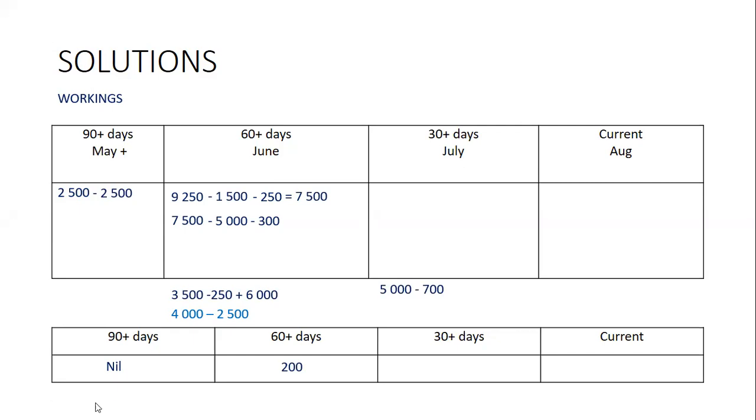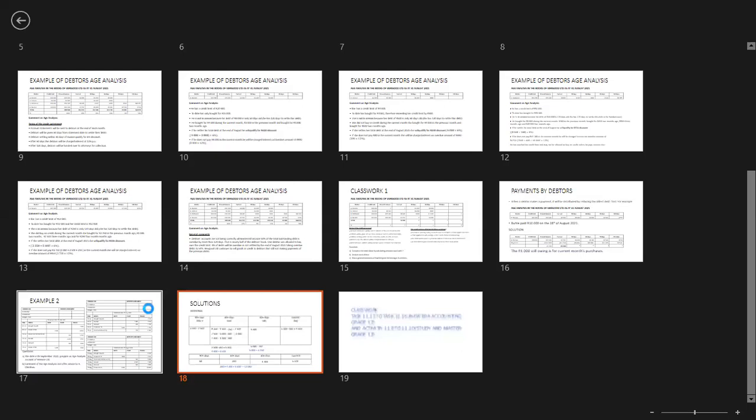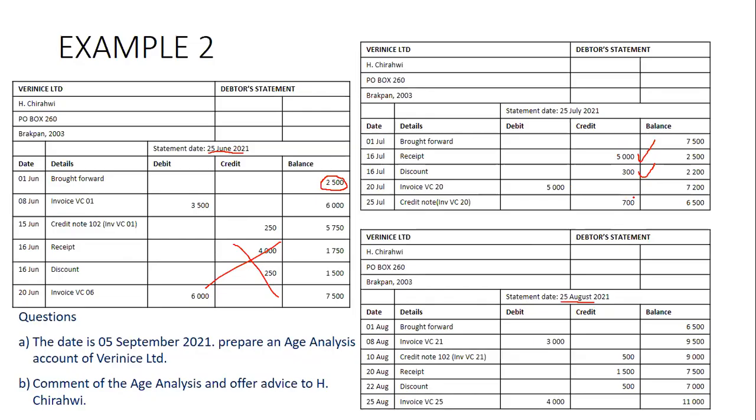Actually, it wasn't a discount, it was a return. She returned goods worth 700 in June. So that 700 will reduce the amount that she owes in June. So it'll simply be 5,000 minus 700. And for August, it'll simply be this 3,000 minus the 500, and then you add the 4,000. Those are the amounts that she will be owing in the current month of August.